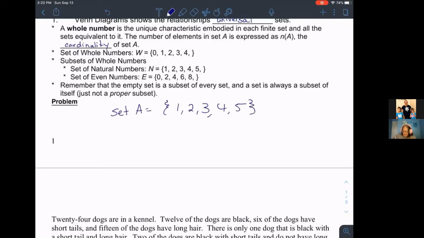We could have 1, 2, 3, 4. We could have 2, 3, 4. We could have 3 and 4. Every combination that could be possible in there.